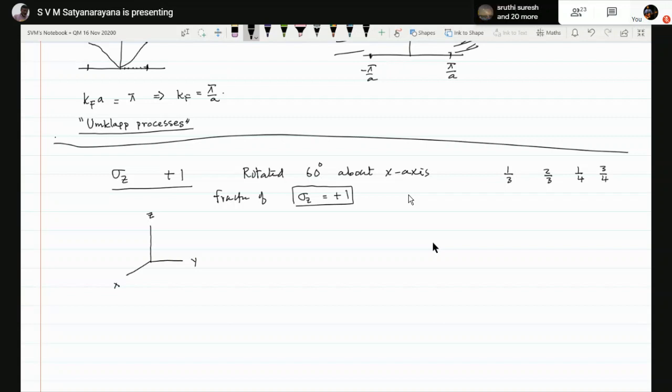That means the x-axis will remain the same, and the y-axis becomes y prime, and this angle is, so now essentially.